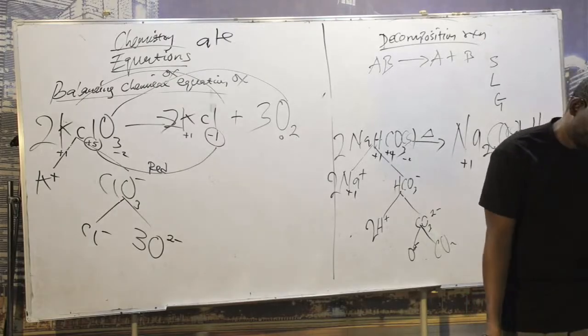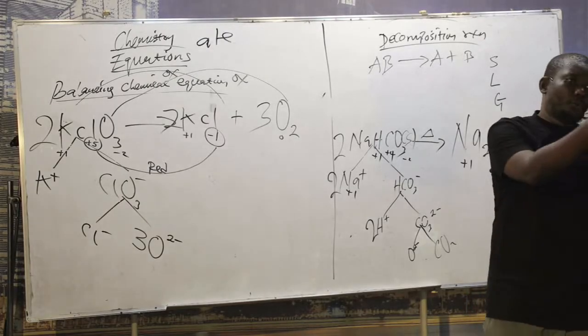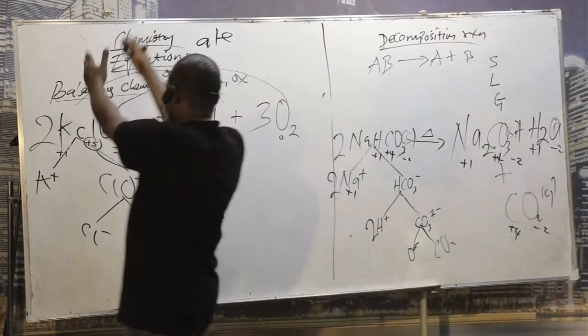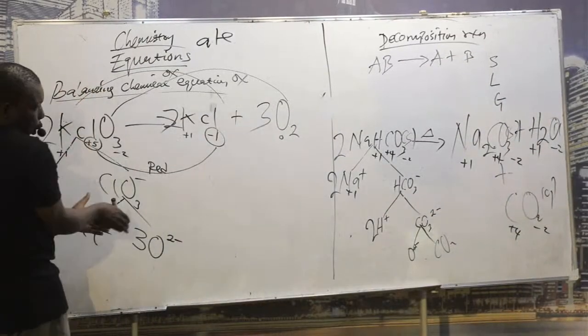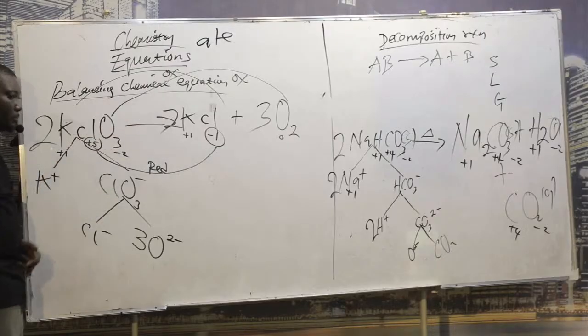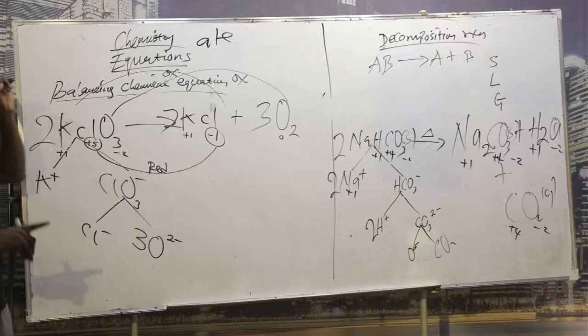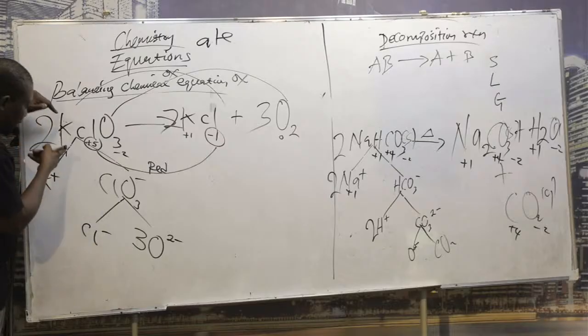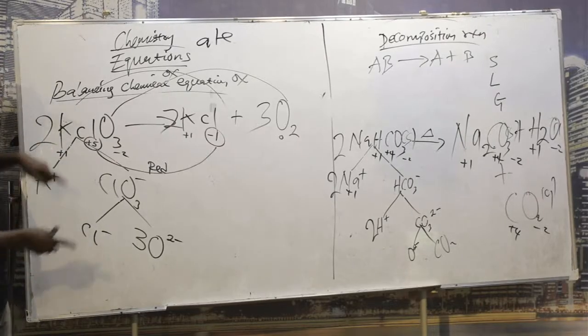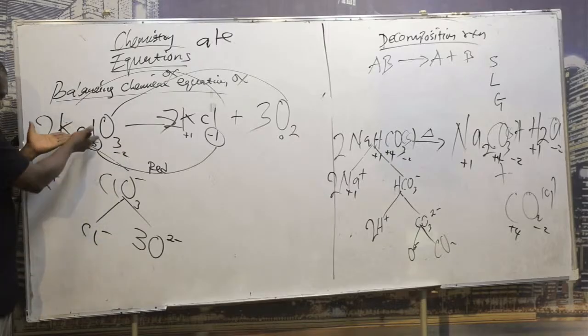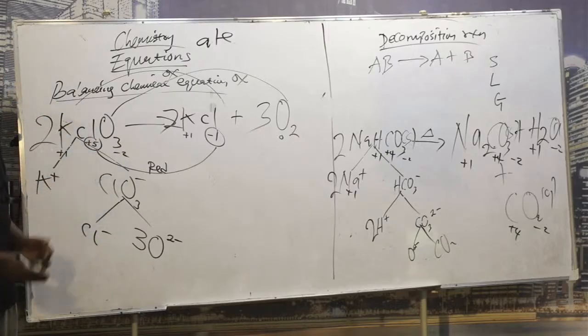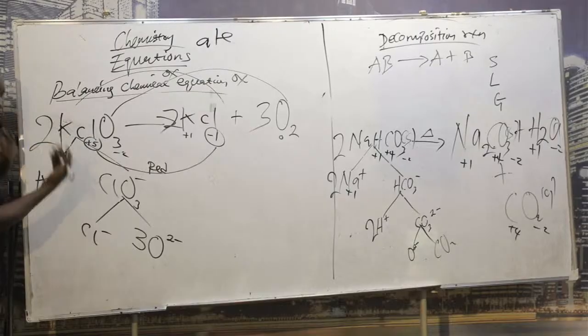You solve now. The sum of K, Cl, and O must be 0. But you already know from the rules that the oxidation number of K is 1 and O is minus 2. So what is difficult about knowing Cl now? If you know these two, you can know this one.